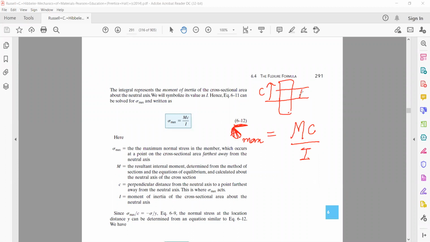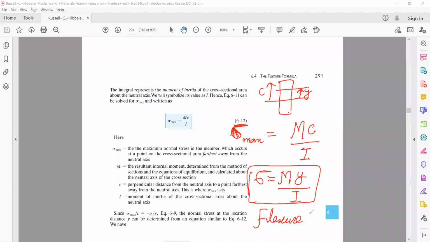If we are at a distance y from the neutral axis, then sigma will be equal to M, in place of c we'll write y, divided by I. Sigma is equal to My divided by I, and this is what we call the flexure formula.